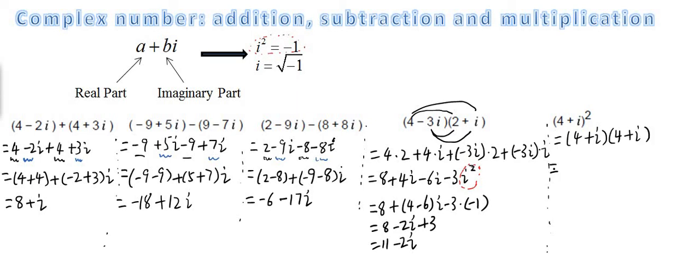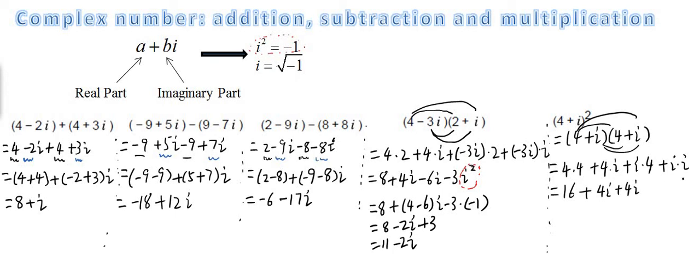Then we can use the distribution to expand the terms. 4 times 4, 4 times i, times 4, i times i. We can simplify it. 4 times 4 is 16, and 4i, and the last term is i squared.